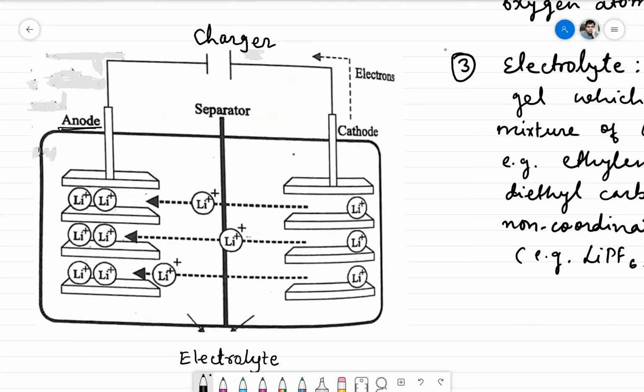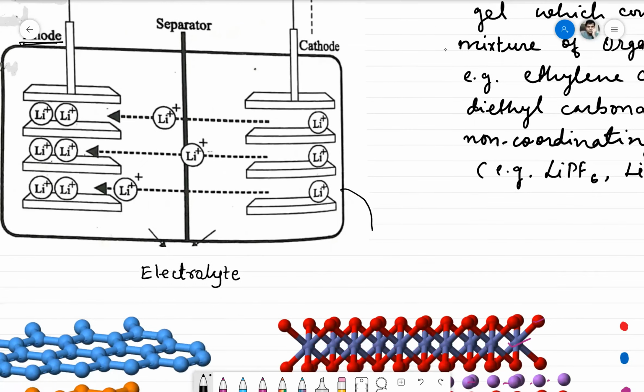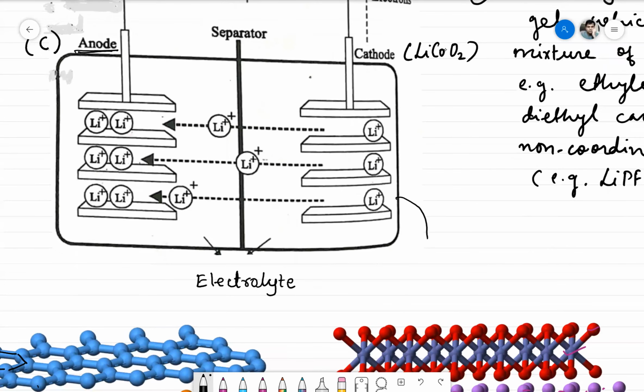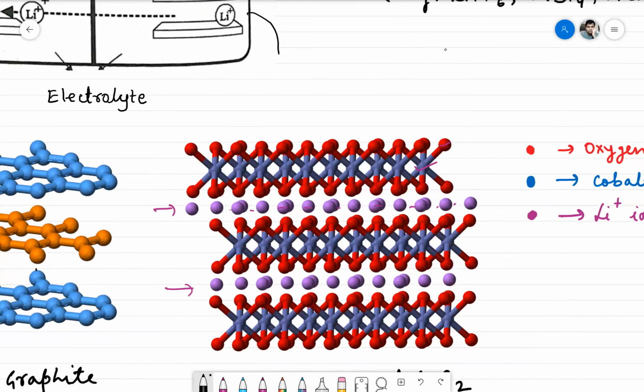All right, and on the other hand, the cathode is made of lithium cobalt oxide. Here the anode is graphite, which I am representing only by carbon. Lithium cobalt oxide consists of a layer of lithium ions present in between the extended anionic layers of cobalt and oxygen atoms.